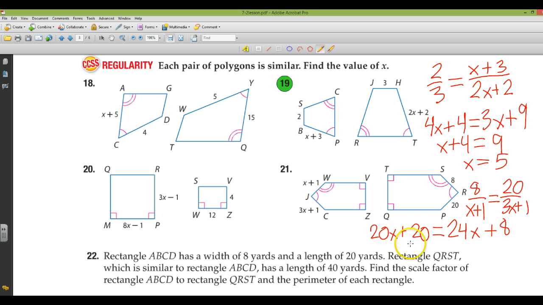So subtract 20x, so 20 is equal to 4x plus 8. Subtract 8 from both sides, and 12 is equal to 4x, and divide by 4, and x is equal to 3.